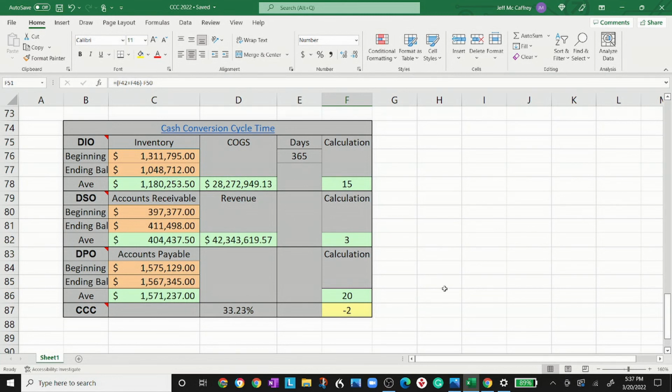Then yes, you can turn that number negative. The most ideal situation is when you can order everything in your business, receive it, execute, collect from the client, and then pay all your invoices.